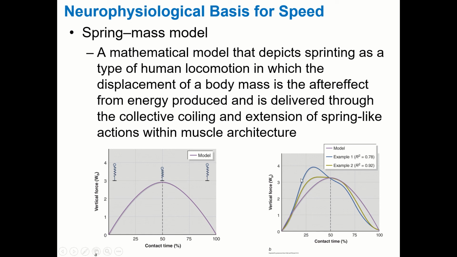So in the early part of the stance phase is when an elite sprinter is going to have the highest vertical component to the forces that they generate. And so their forces don't look quite like that theoretical model.